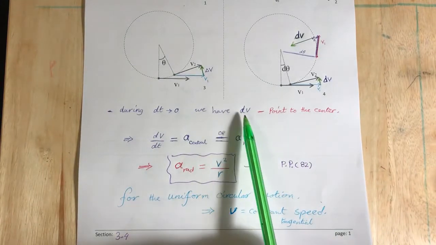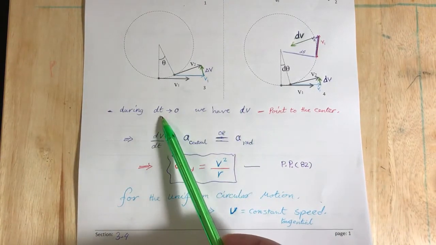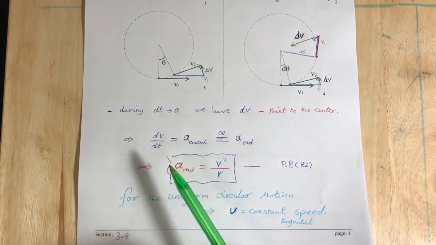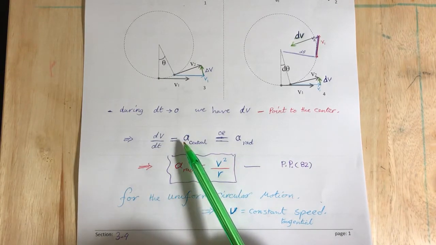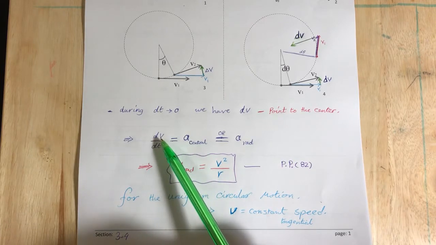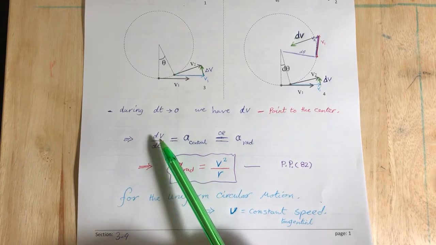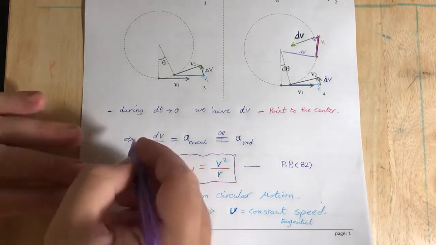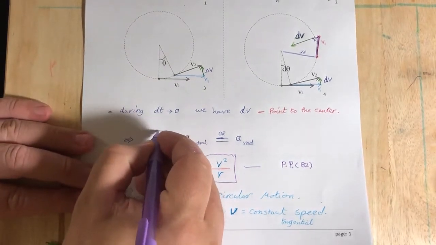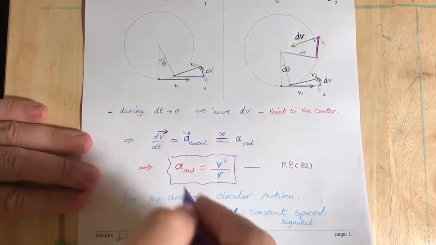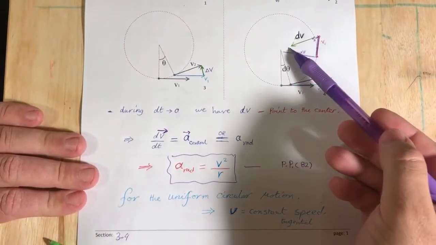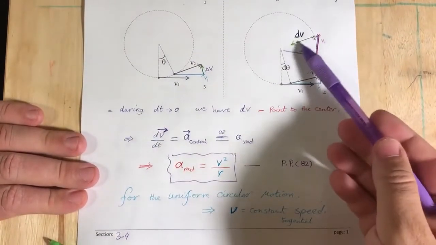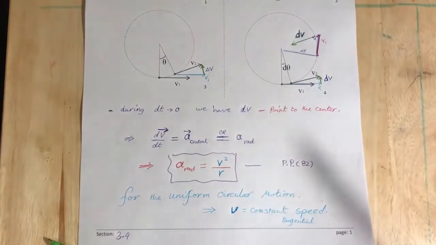If we have change in velocity and we have change in time, then we have acceleration. The acceleration is a vector, and this vector is directed in the same direction as dv. So dv is a vector and a is a vector. dv is directed to the center of rotation, and also the acceleration is directed to the center of rotation.